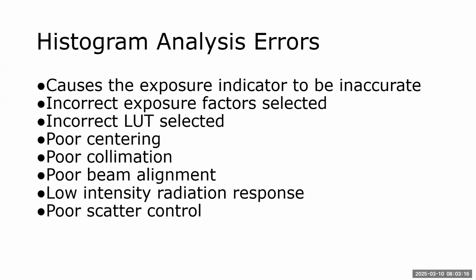So, some histogram analysis errors that can occur that can cause the exposure indicator to be inaccurate. If the incorrect exposure factors were selected to begin with, say you just screwed up and you used the wrong thing. If you used the wrong lookup table, so you accidentally, the patient was for multiple things and you shot their chest under a hand.